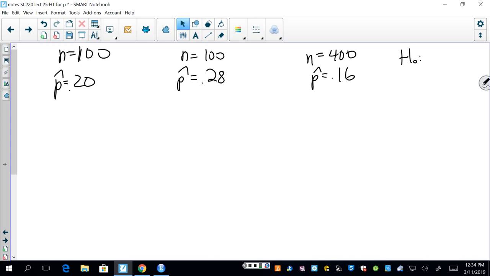I'm going to take a couple minutes to write down formulas for getting the z-value. These numbers work out conveniently, so you can figure out what the z-values are.